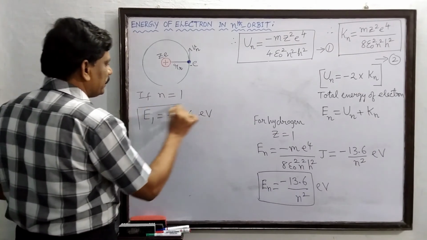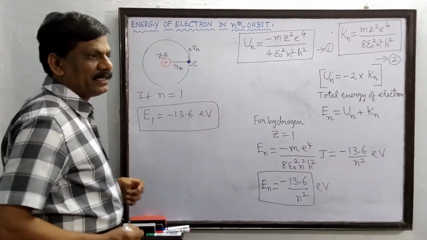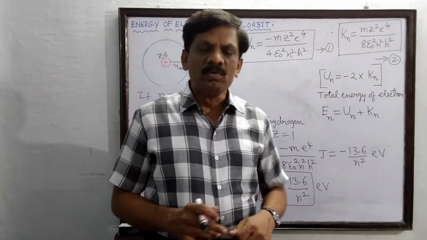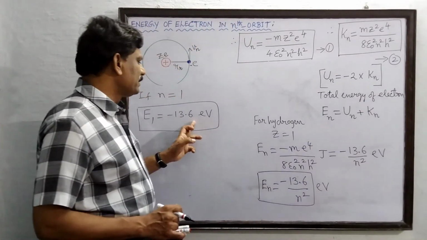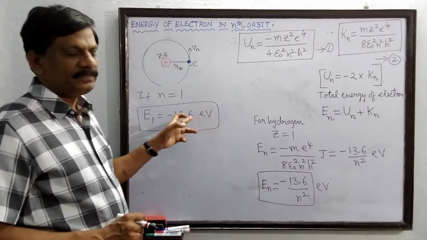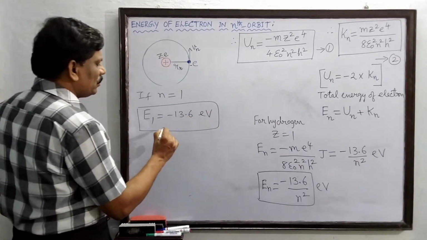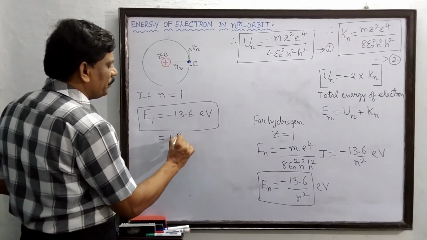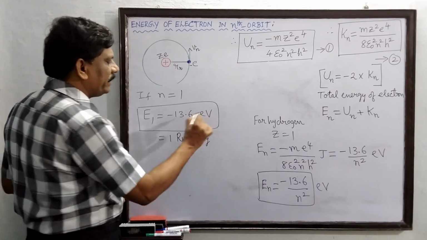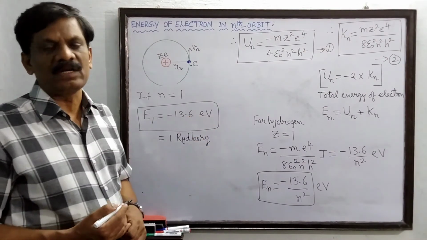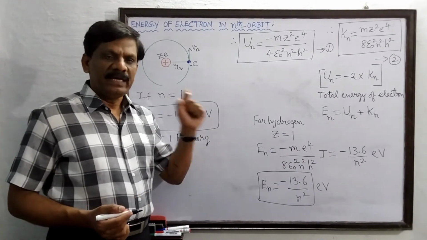This is the minimum energy of the ground state electron of the hydrogen atom. This is also called 1 Rydberg. So 1 Rydberg is equal to 13.6 electron volt, which is 1 unit of energy of subatomic particles.